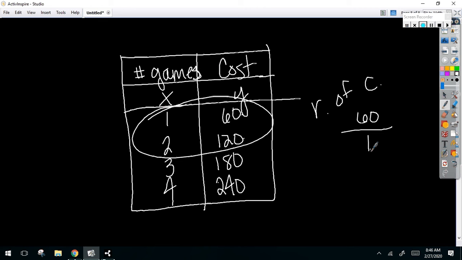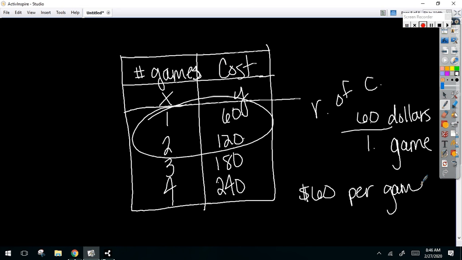Does that make sense? When we say it, we have to say it a little bit differently. That's all you have to do. It's $60 per game. So $60 for one game. $60 per game.